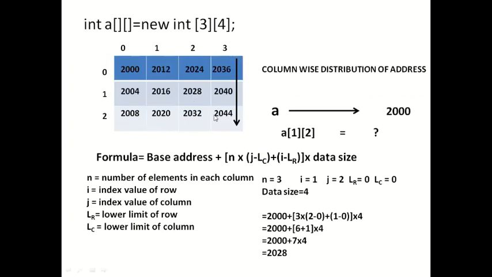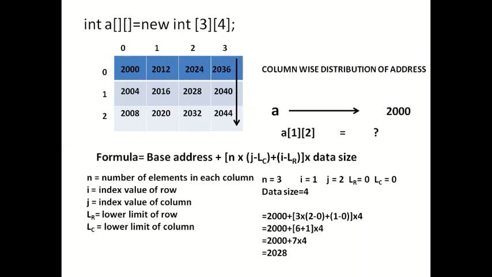So why are we using the formula? Because sometimes they will give you an array where the size of row and column are too big, so you cannot draw a picture.